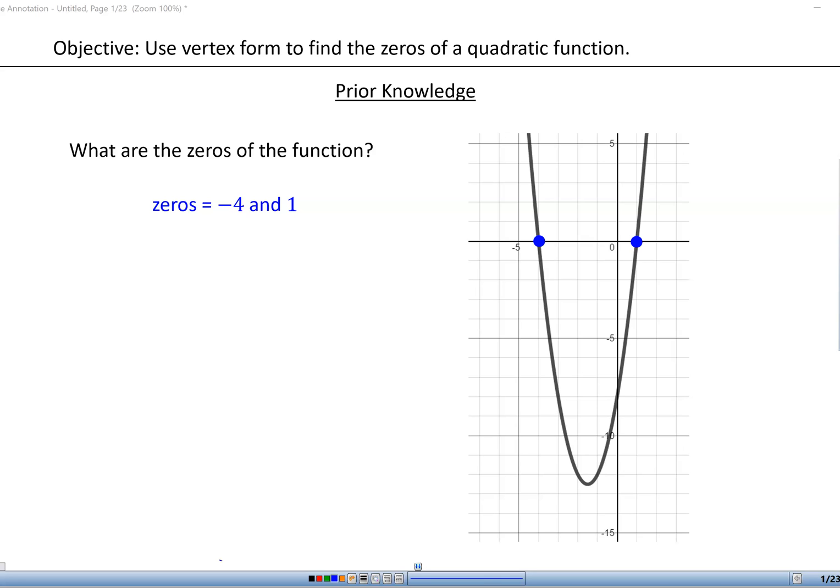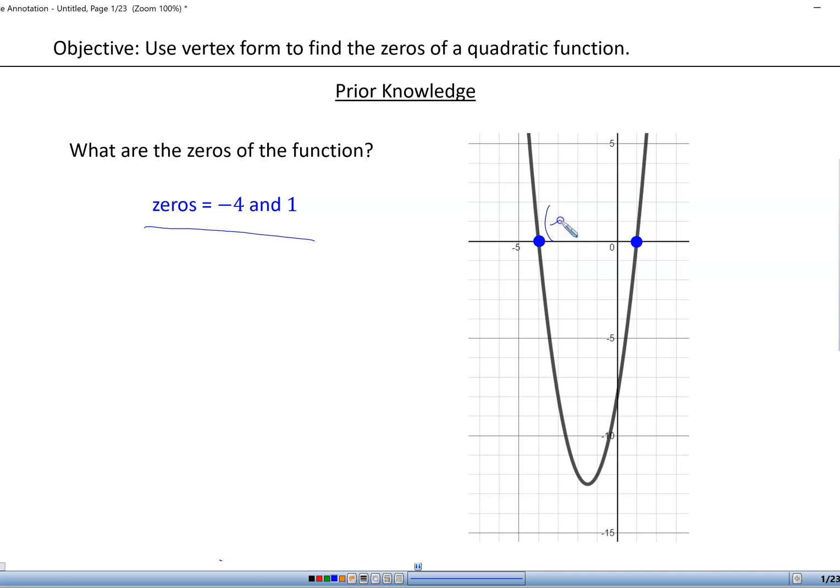One of the things that is important to understand is why our math is going to be what it is in these problems. Since we're finding the zeros, we should know what they represent for the function or the graph. Here we would say that the zeros are -4 and 1, but we should also understand that those are points on the x-axis.